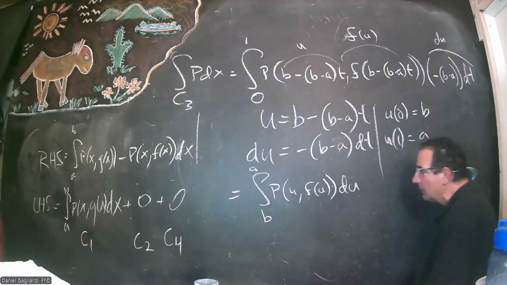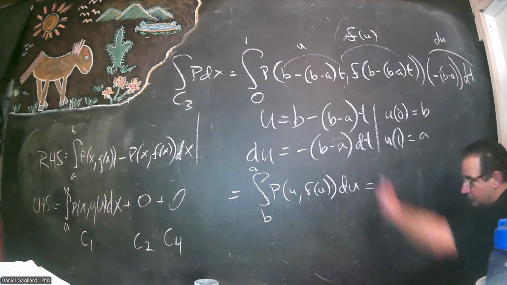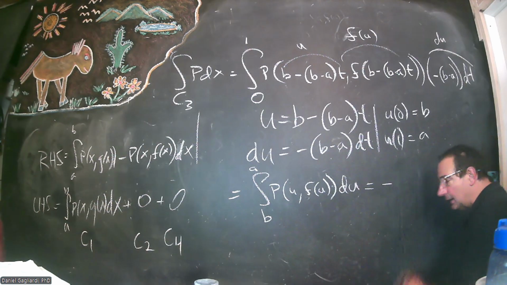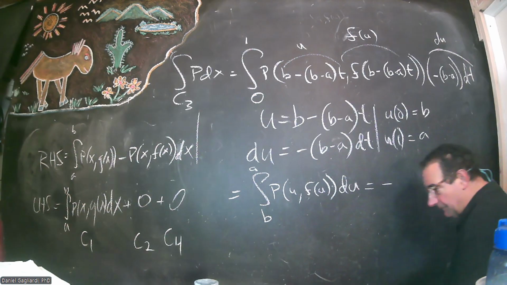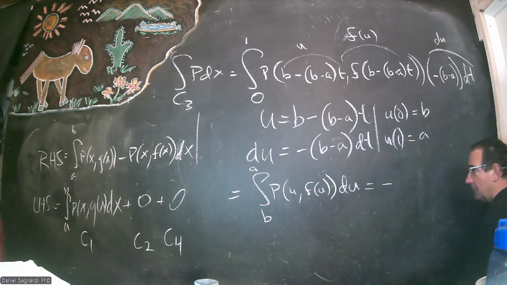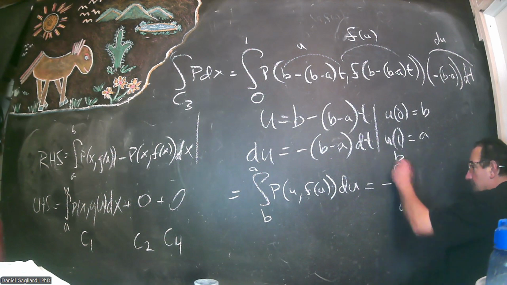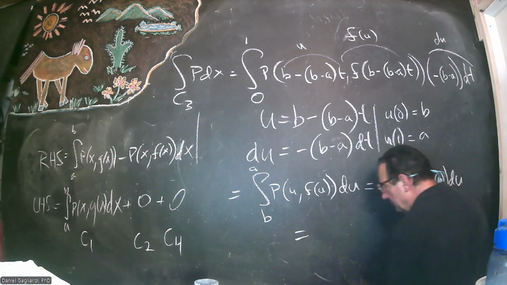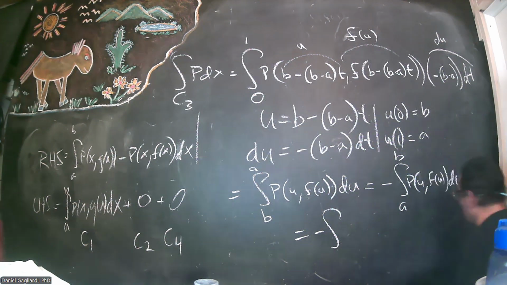But if we want to change places with the A and the B, we can just say the reverse of the value using the fundamental theorem is going to be the negative of that. So we're going to get the negative of the integral from A to B of P of u, f of u, du, and once again, u is a dummy variable. No effects really, so we'll just rewrite it with x's.